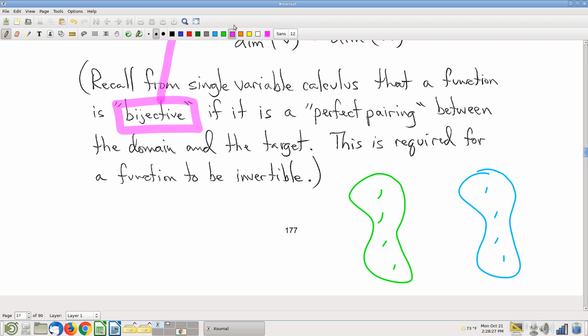A bijective 1-to-1 and on-to function is a function where every element of the target has exactly one image from the domain. Right, so, for example, this function here is bijective, because for every output there is exactly one, no more, no less, exactly one input whose image is that.